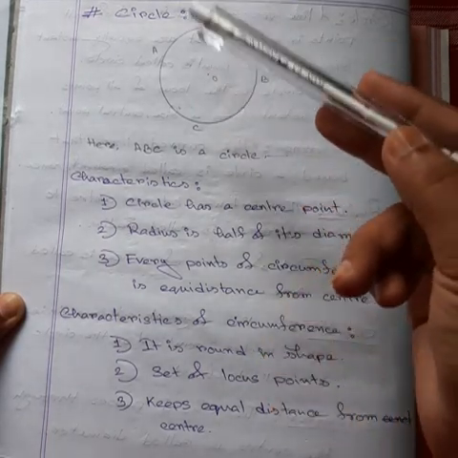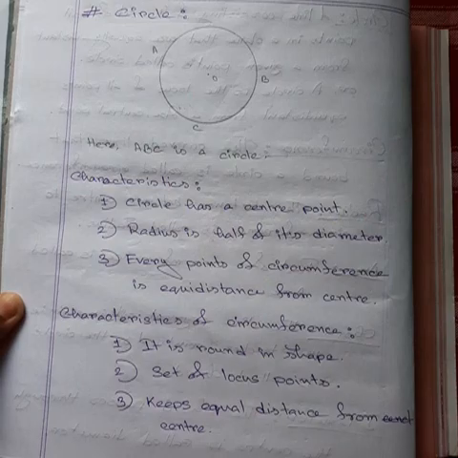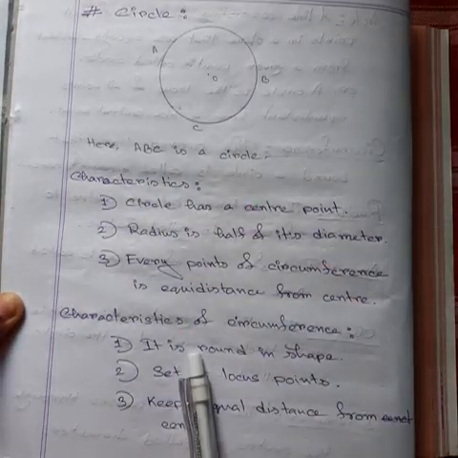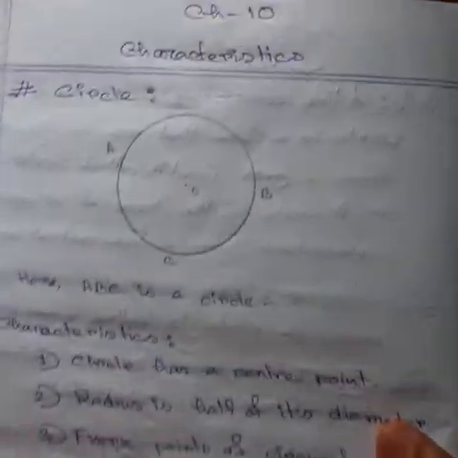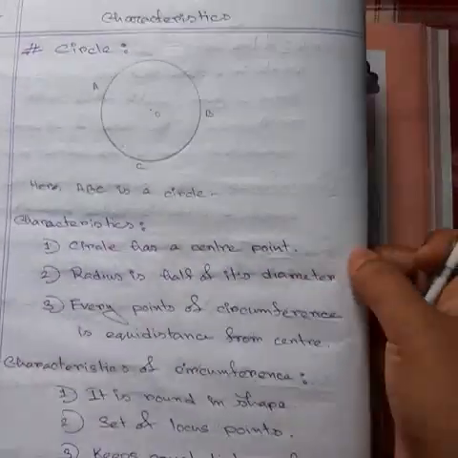For the picture you will get 3 marks, and for 3 characteristics you will get 3 marks. I will give you the photo, don't worry about it.